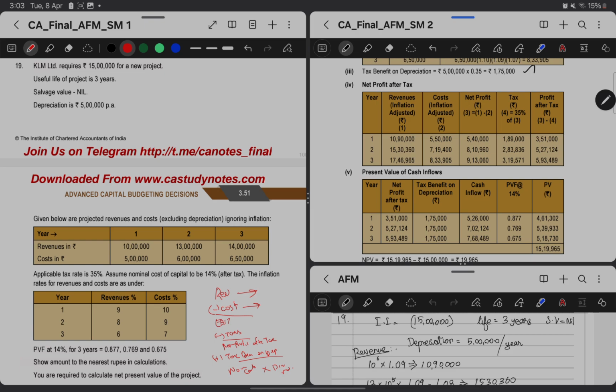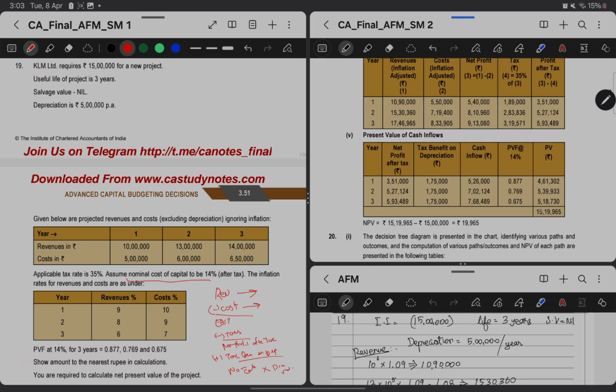And cost of capital is also inflation adjusted, as they have given nominal cost of capital 14%. Now multiplying with the present value factor at 14%, we will get the present value cash flows, which is added up to 15,19,965, and the cost of the project is 15 lakh, reducing it, we arrive at an NPV of 19,965 as per the requirement.